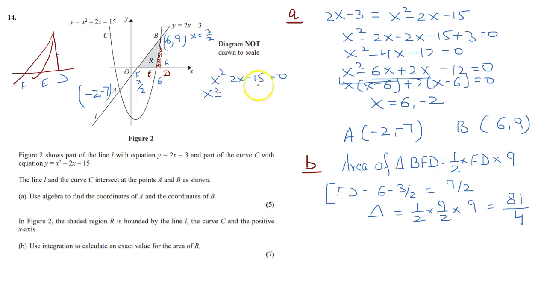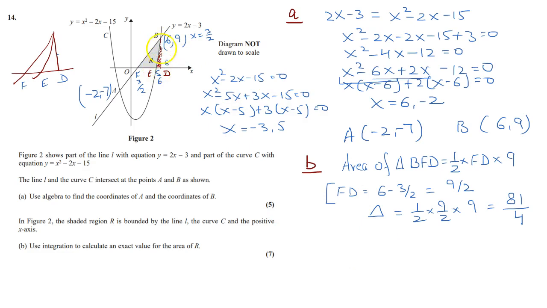So x square, 15 is 3 times 5. So minus 5x plus 3x minus 15 is 0. x common, x minus 5 plus 3 common, x minus 5 is equal to 0. So x is equal to minus 3 and 5. So this is minus 3 and this is 5.